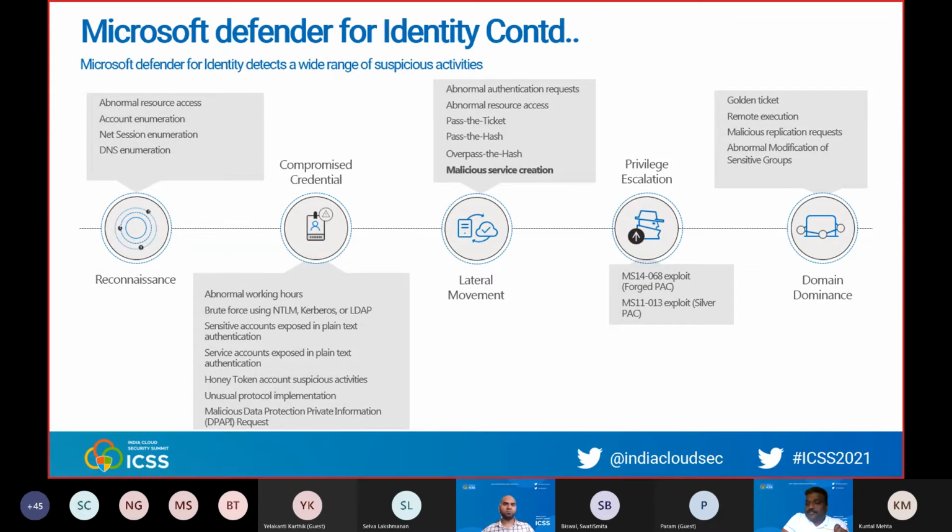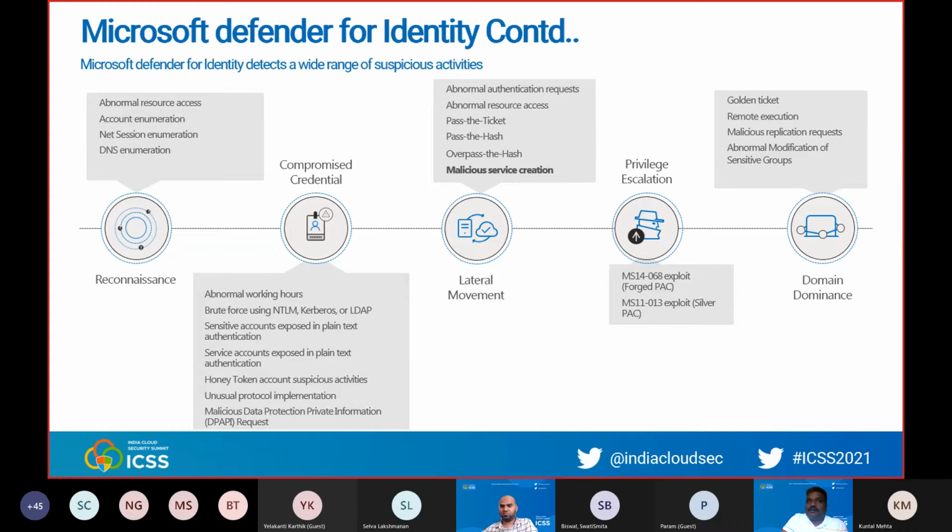And privilege escalation, it's Microsoft which identifies any exploit and then fixes it so that the other customers will also get benefit out of it. And one of the recent examples, if I have to name, I hope you might have heard of the PrintNightmare exploit recently, which was used in the past.